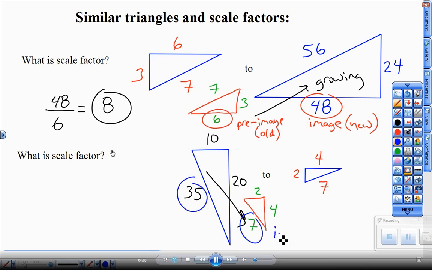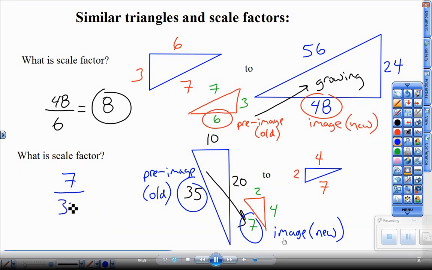So I'm going 7 on top, I believe, my image, over 35. So my image 7 over 35. I could also do 4 over 20. I could do 10 on the bottom of 2. So I'm doing 7 on top over 35.